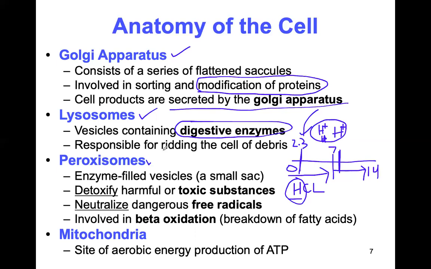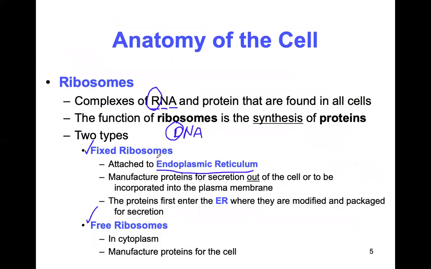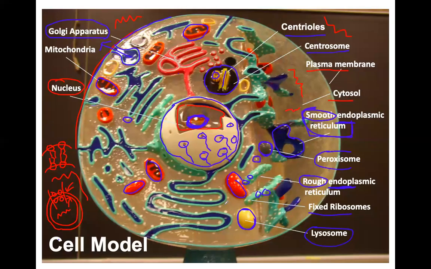Peroxisomes are a little bit different. Remember, the lysosomes were the yellow structure. They were bigger. If we look here, let me go back. So here's the lysosomes, the yellow one. That was a little bit larger. And the peroxisomes, the gray ones, they're a little bit smaller. Because they look different, they function different.